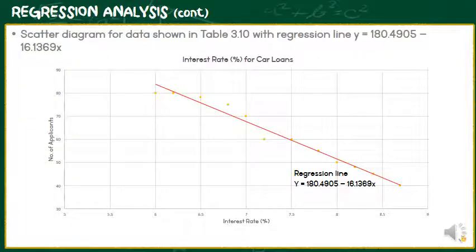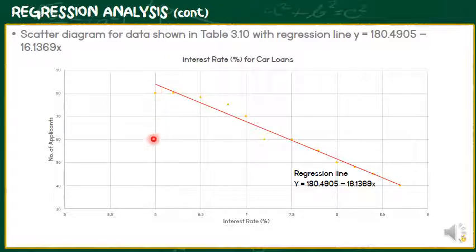And kalau kita tengok dekat sini, okay, saya tunjukkan bila you draw a scatter diagram, okay, daripada soalan apabila interest rate tu 6%, number of applicant-nya 80. That's why saya plot 6, 80.